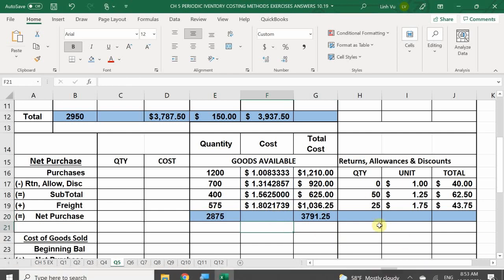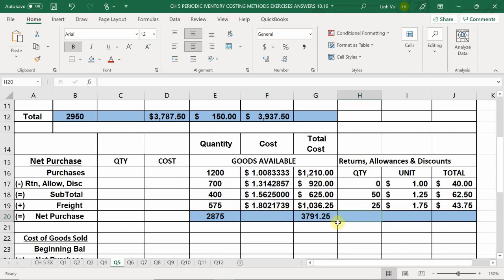Okay. What was the total of my returns and allowances in quantity? 75. 75 at a total cost of? What was my total refund?